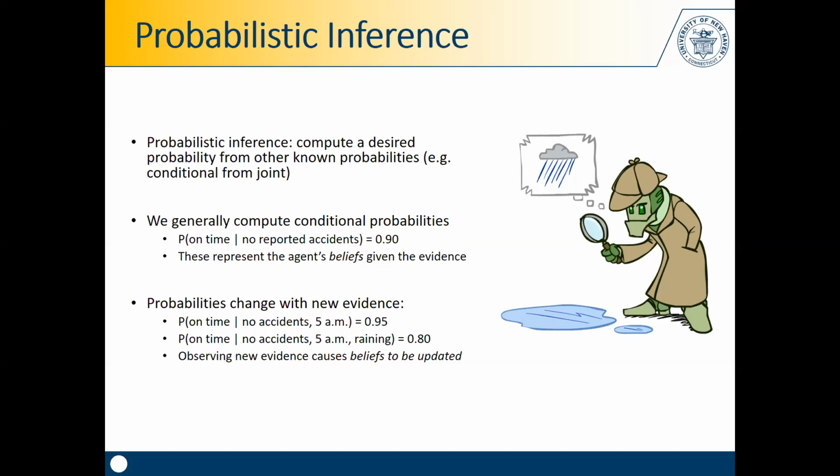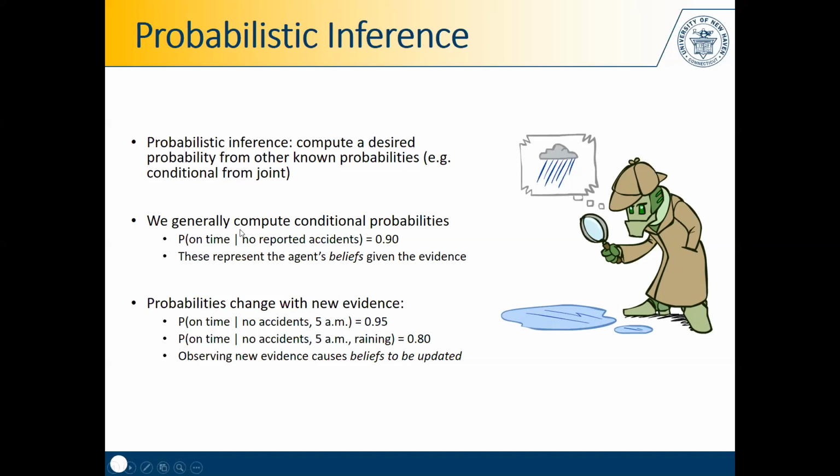What does probability inference refer to? It's essentially computing a desired probability from other known probabilities, such as computing conditional probabilities from a joint distribution. Generally, in many of the problems that we encounter in AI, we compute conditional probabilities. So we have some evidence, for example, in the case of checking to see whether we get to work on time or not.